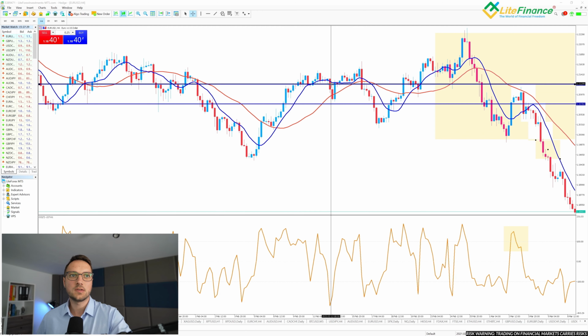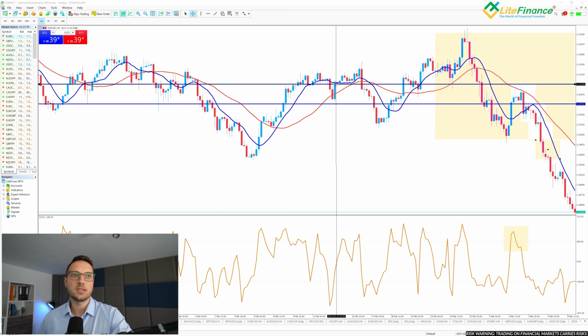From this moment, it reversed to the slowest moving average. The CCI was below -100, so it was in the oversold zone. Therefore, we could conduct a trade somewhere over here, right on this red candle, or at the closing price somewhere over here of this blue candle.